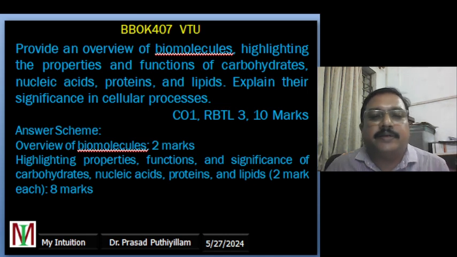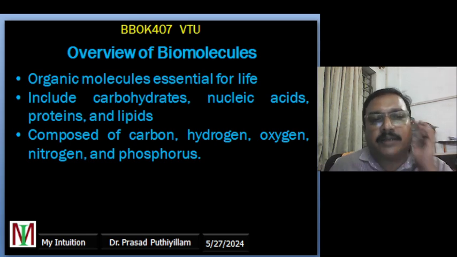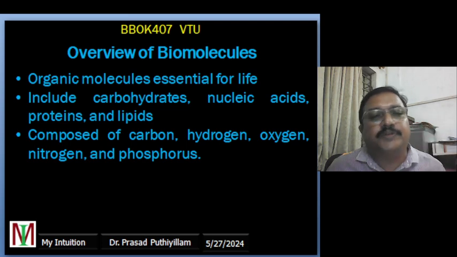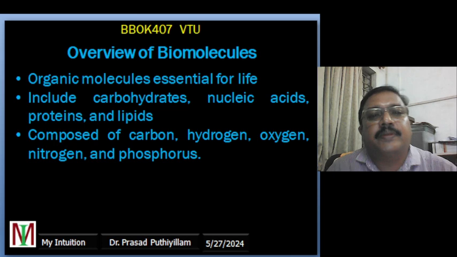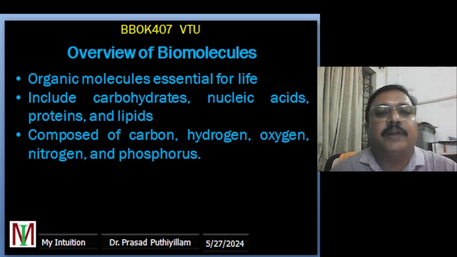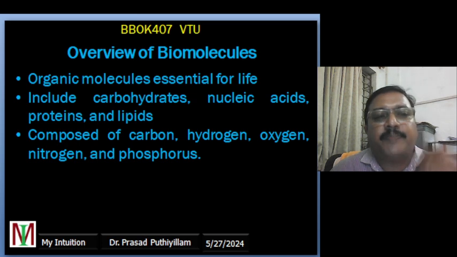We'll start the answer points. For 2 marks, the overview of biomolecules. Biomolecules are organic molecules which are very essential for life. They are found in all living organisms. They are primarily composed of carbon, hydrogen, oxygen, nitrogen and phosphorus.